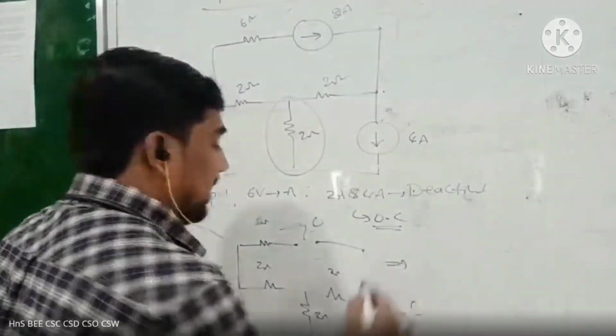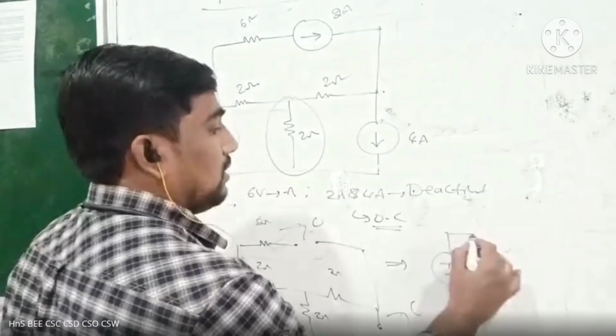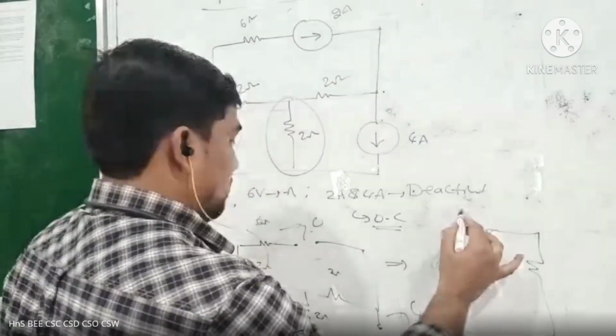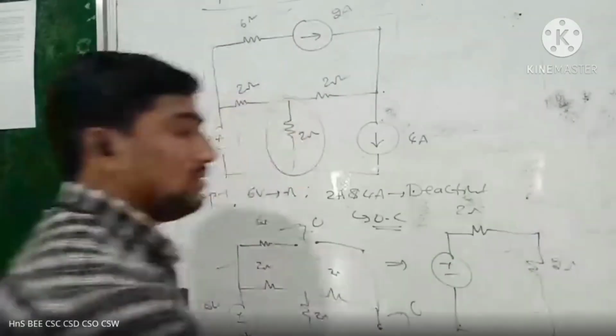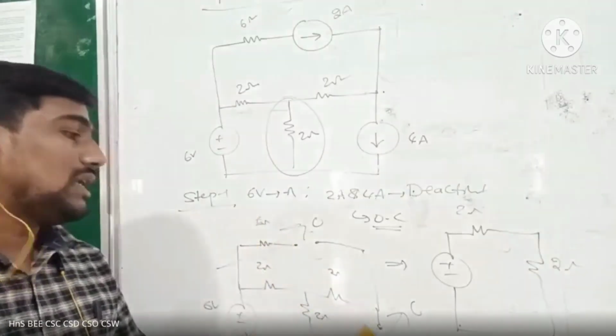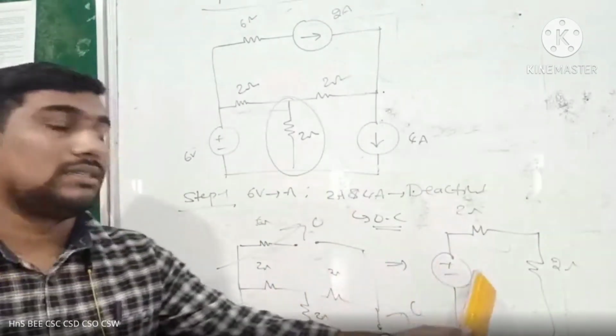Now you have to draw the circuit again. If both current sources are negligible, then we can get some circuit that is like this. If these 2 loops are negligible, then we get this circuit.